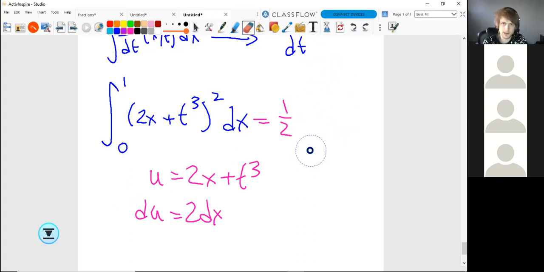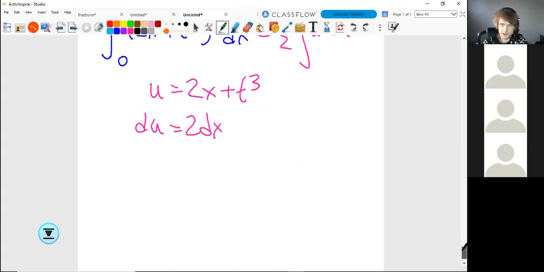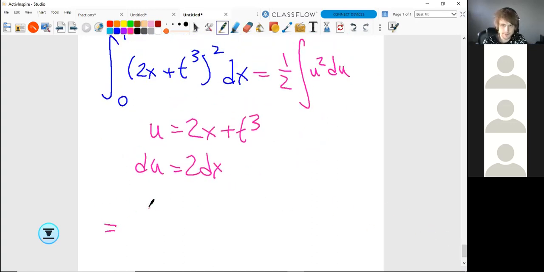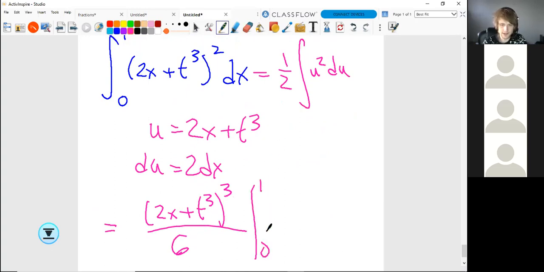I'm just going to look at the antiderivative. We don't care about the limits because we're going to turn it back into x's. So this is equal to (2x plus t cubed) to the third over 6, evaluated from x equals 0 to 1.